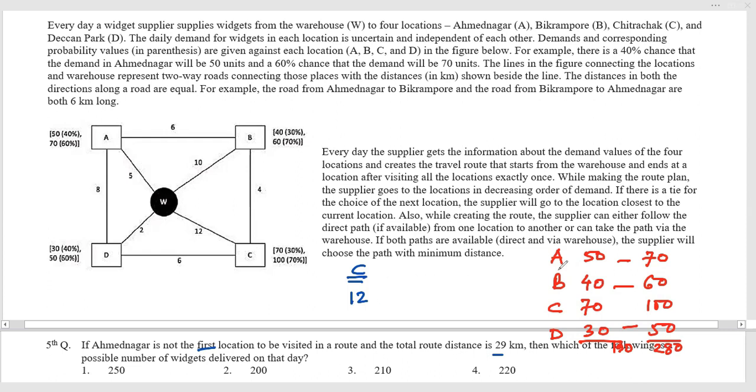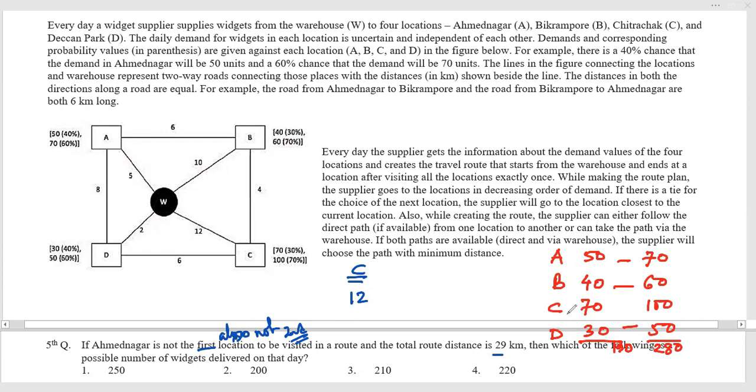So A cannot be the second location. Not only is it not the first location, it is also not second. That is clear, because if A is second, then definitely 12 plus 17, 29 kilometers will be done.